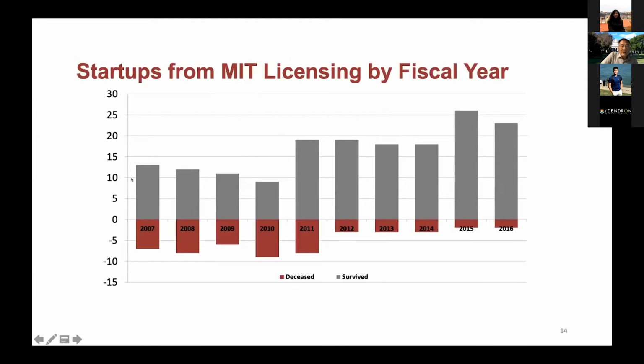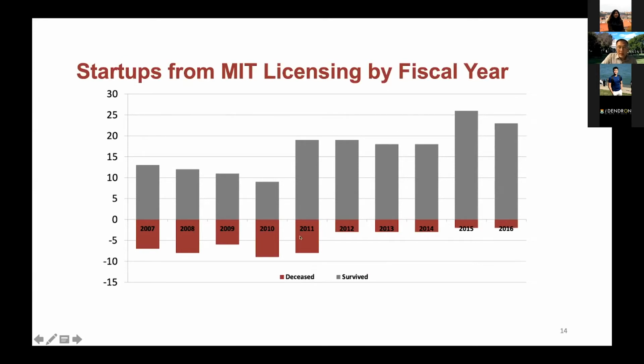So here's the startup and company numbers from 2007 to 2018. You can see it's between 13, with the lowest, like 2010, only about 8 companies, up to 26 in 2015.